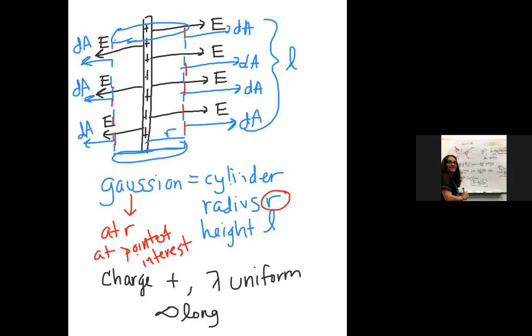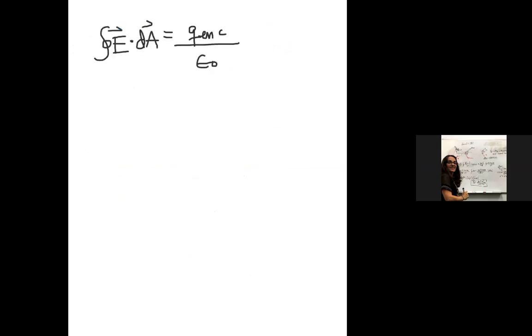So back to here. We're pretty clear that E and dA point in the same direction, theta is equal to 0, cos of 0 equals 1.